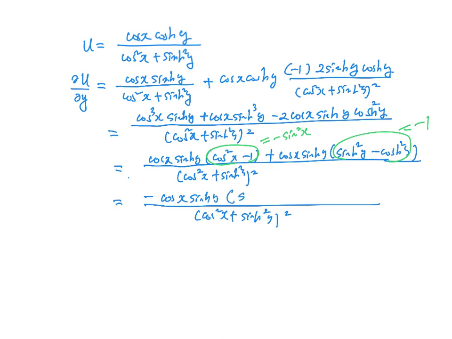This is sine square x, right? Plus 1. We have to make sure that I didn't make any mistake. So I combine with one of this. So cosine x sine hyperbolic.